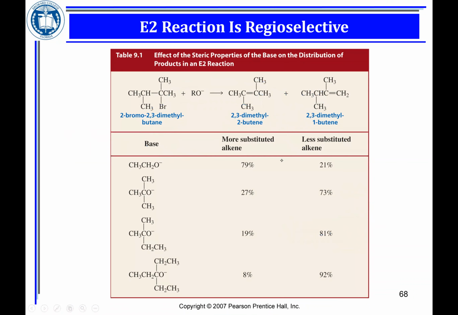And these are some of the examples. If you bring a base that is not bulky, like ethoxide, you get 79% of the more substituted alkene, and only 21% of the other one, which is the less substituted alkene. But if you bring a bulky base, that is going to change and it would be the opposite.